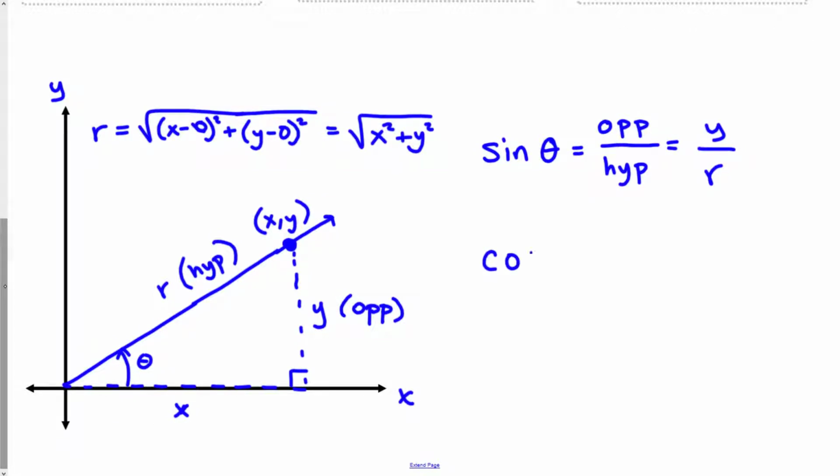Cosine is going to be, from SOHCAHTOA, the adjacent side over the hypotenuse. So this is my adjacent side, which is length x. So it's x divided by r.